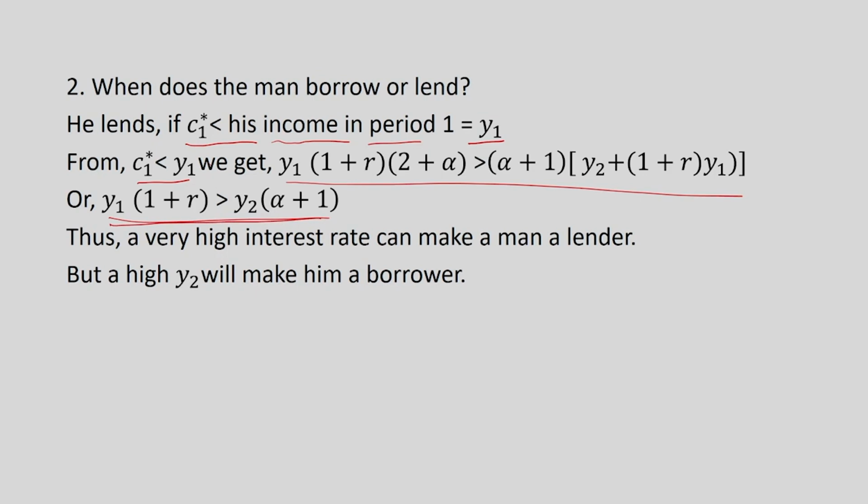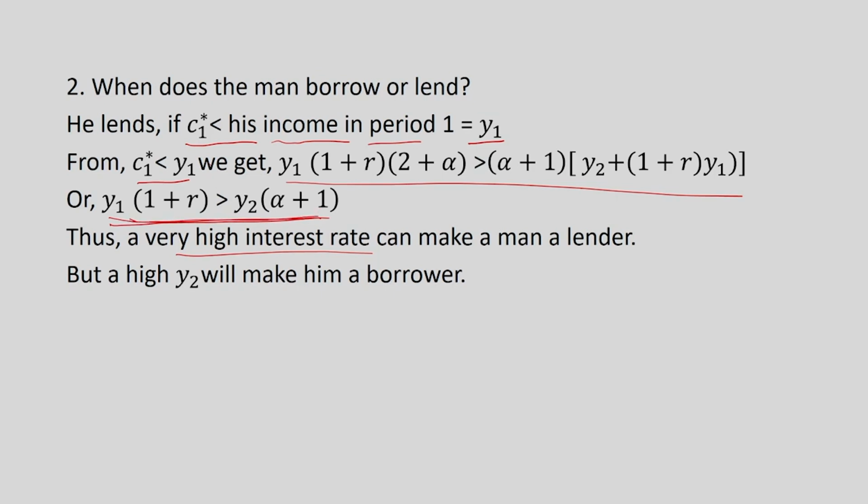Now, let us try to get the intuition of this. If there is a high rate of interest, that is R is very high, in that case the left hand side becomes high, that is Y1 multiplied by (1 plus R) becomes high. In that case there is a greater chance that this condition will be satisfied.